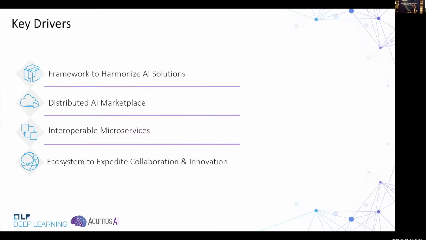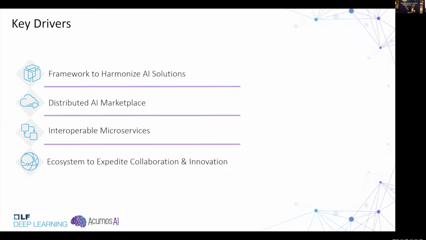A distributed AI marketplace, that's a big gap right now. We don't have an app store equivalent for AI. So one of the main goals for this platform is to provide the ability to search, browse, comment, rate, collaborate, and create an app store model for AI models.